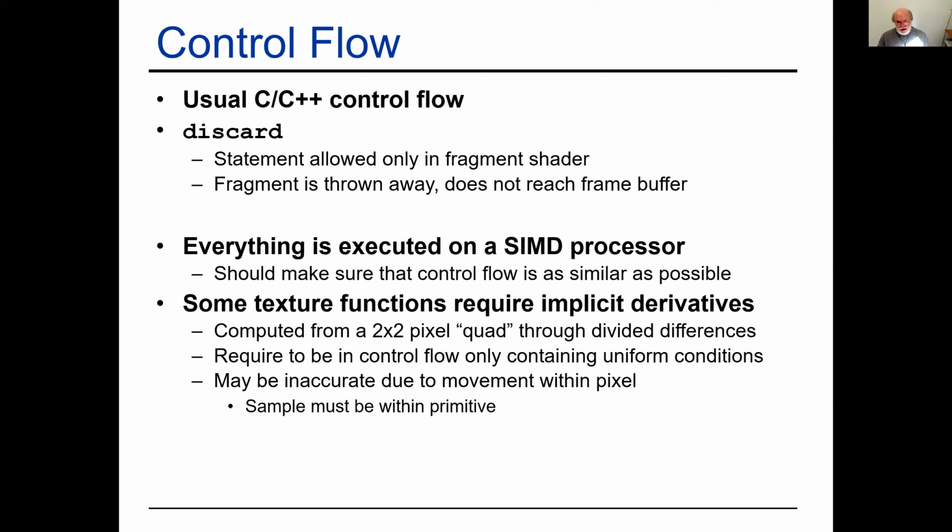And so discard at first just means, oh, don't do any computations for one of the pixels here. But since the program executes for all the pixels simultaneously, it would still continue executing, except if you did a discard for all the pixels, at which point the computation stops completely.